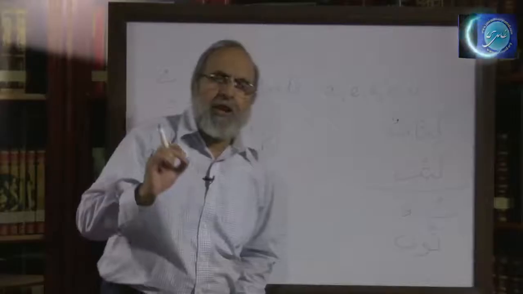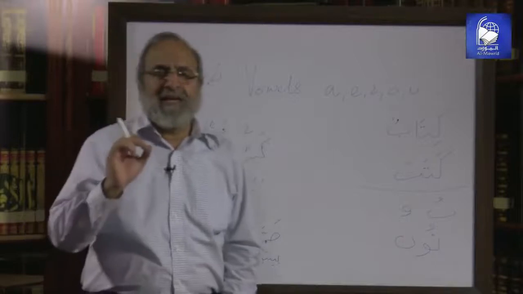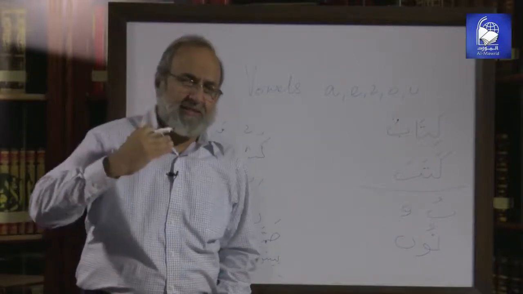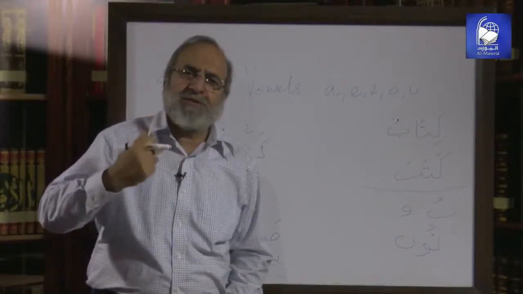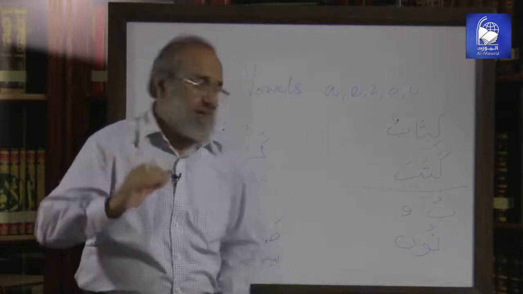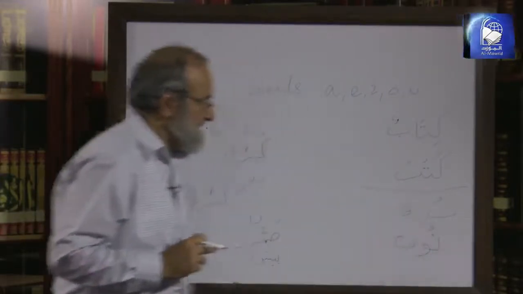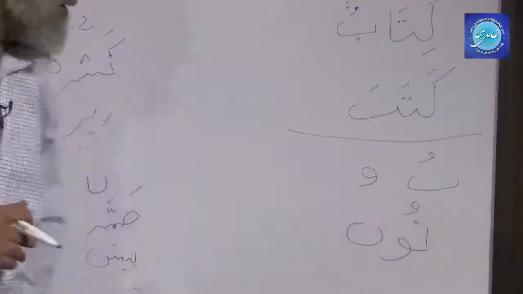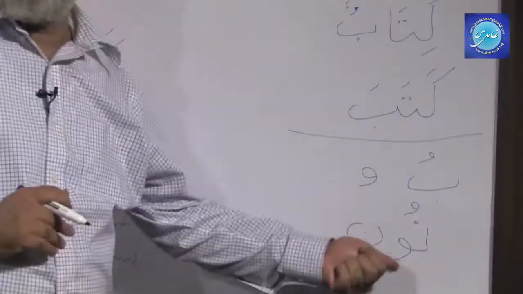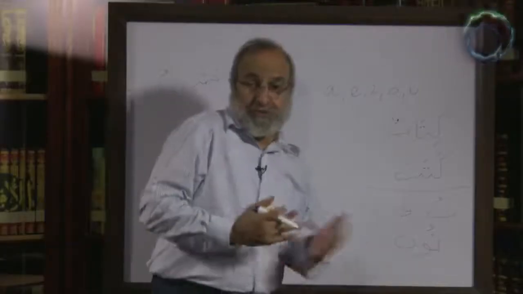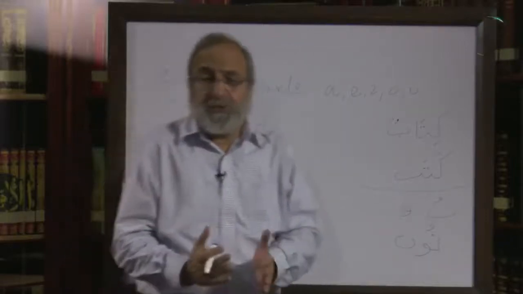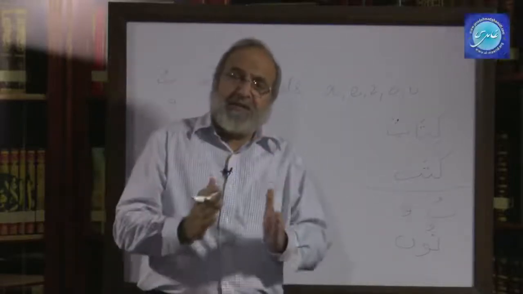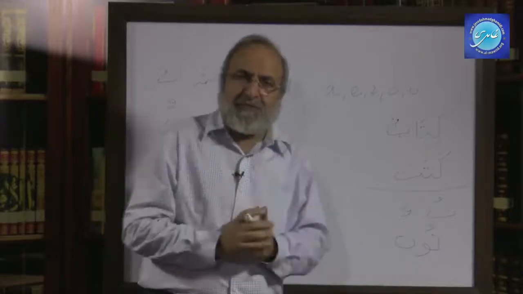Noon has a vowel, the dhamma, which is equivalent to U. It's immediately followed by vav, which has affinity, the same category as dhamma.